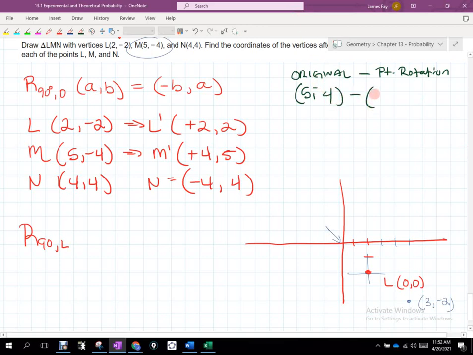I'm going to subtract out my point of rotation. My point of rotation was 2, -2. So what's 5 minus 2? 3 right there. What's -4 minus -2? -2. Then we'll do the same thing with N. So I go 4, 4, and subtract out 2, -2. So 4 minus 2 gives me 2.